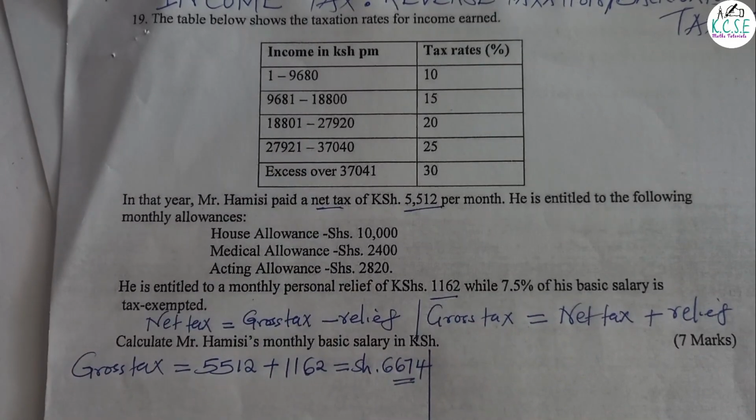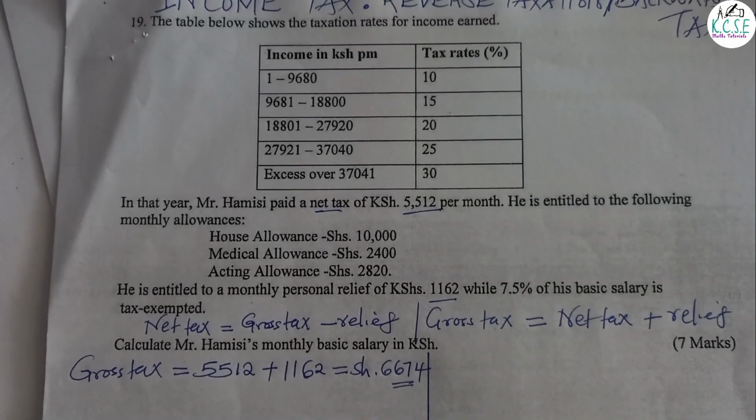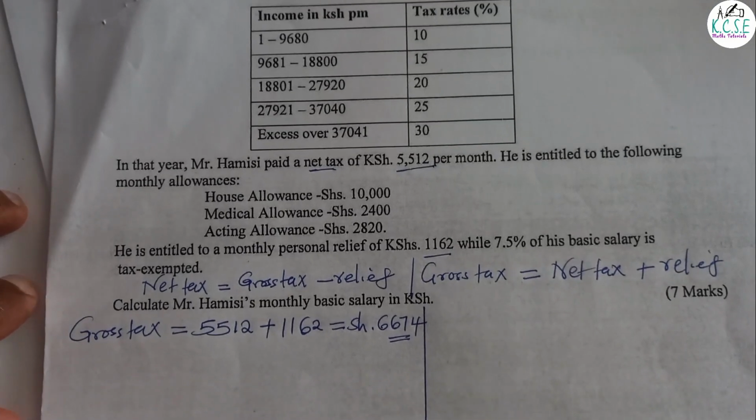We need to find the income that was taxed in order to get this gross tax. To use this table, we are getting the taxable income, that is the amount that was taxed in order to arrive at this gross tax. So we shall go slab by slab.